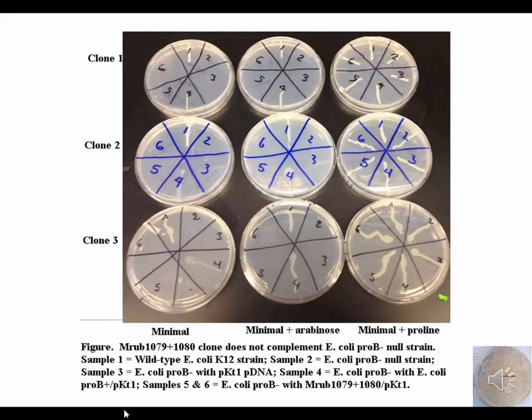However, our M-Ruber Pro-BA clones inside the E. coli Pro-B minus null strain did not grow. That would be samples 5 and 6. So we clearly have an issue of something preventing the Pro-B and Pro-A clones from being expressed inside the E. coli host strain.